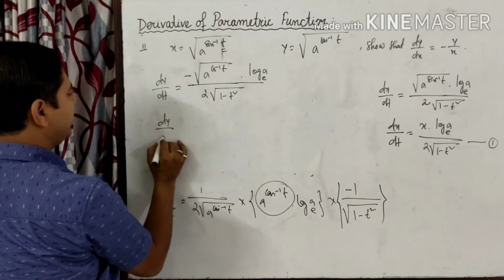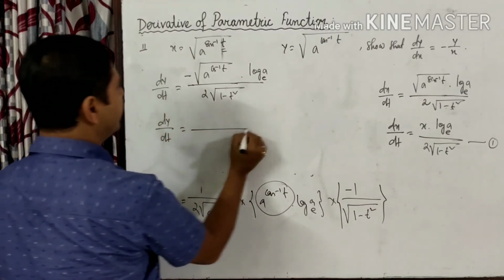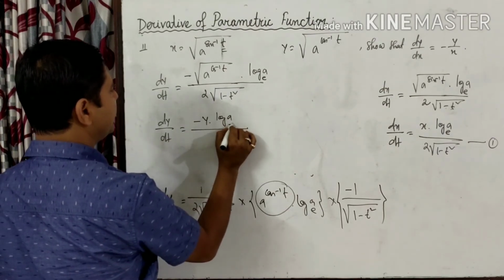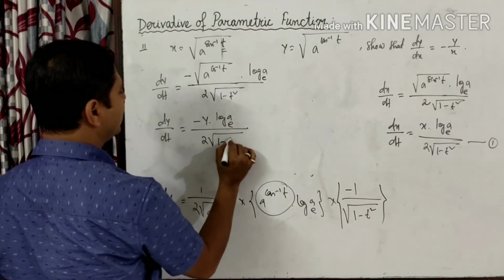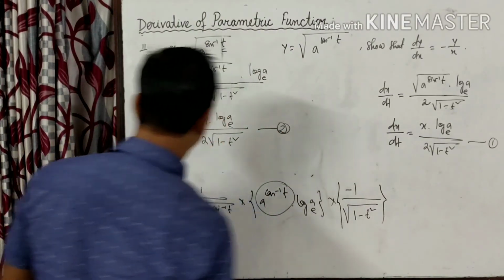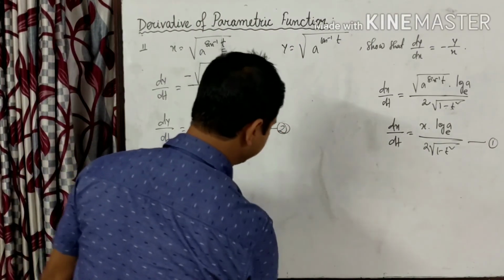That means dy by dt is the value of this part y, minus log of a base e by twice of root over 1 minus t square. This one we consider equation 2. Now you have to find dy by dx.